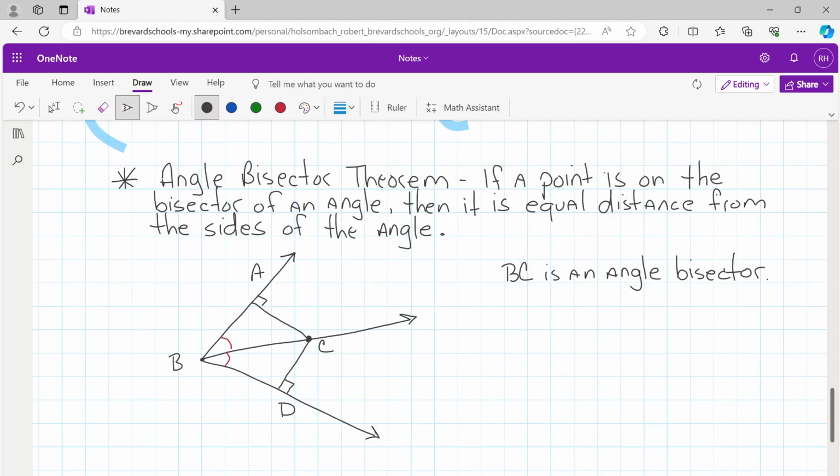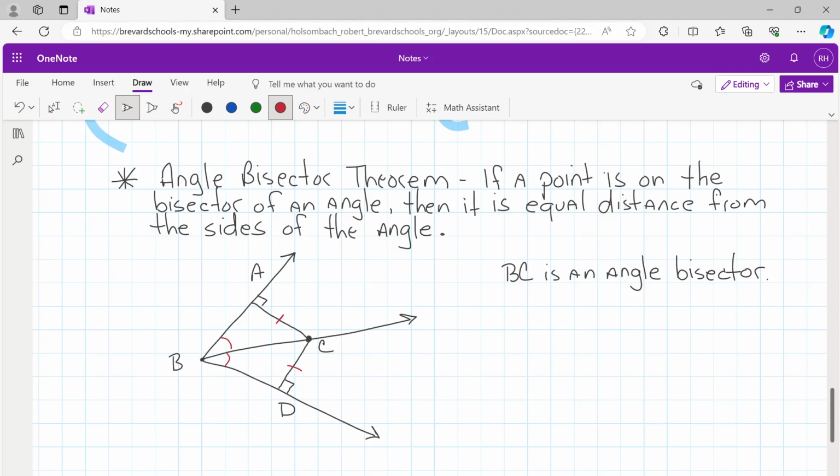So what the theorem says is that this segment AC and segment DC are congruent to each other. If a point is on the bisector of an angle, so we determined that because angle ABC was congruent to angle CBD, that ray BC was an angle bisector, then it is equal distance from the sides of the angle.